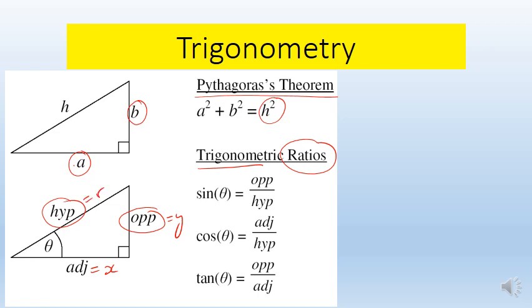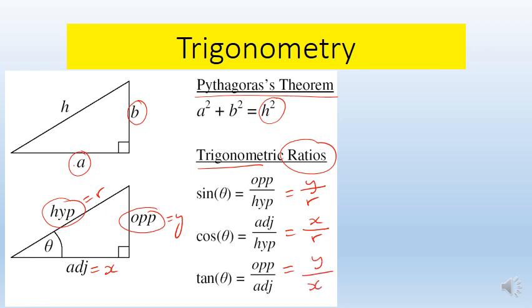So sine theta is opposite y over r. Cos theta is the adjacent side, which in this case is x over r. And finally tan theta is opposite over adjacent. So this becomes y over x.